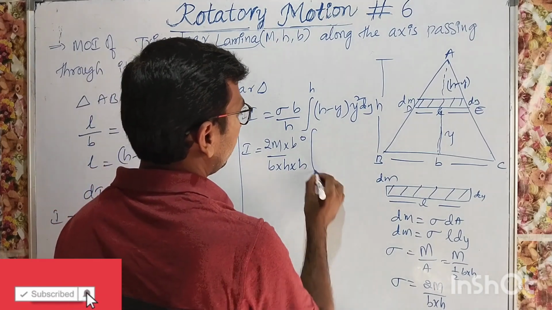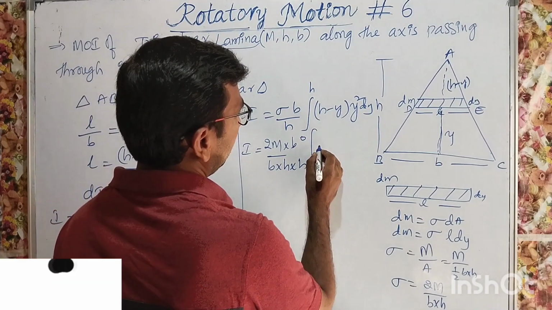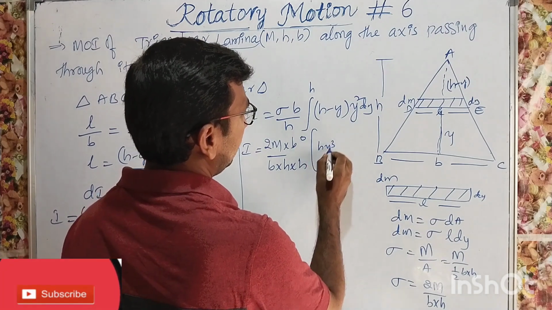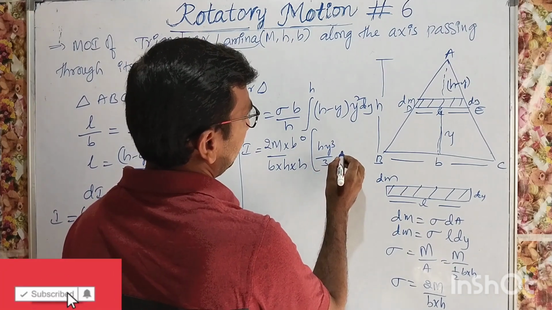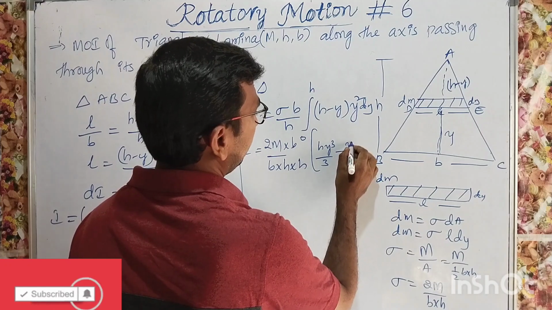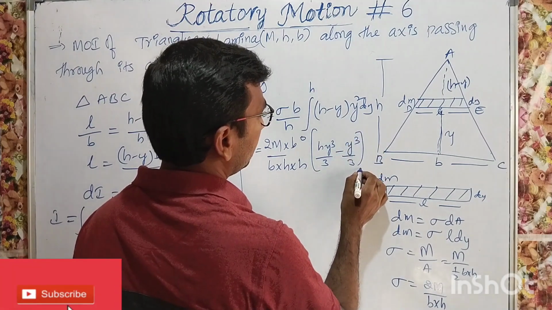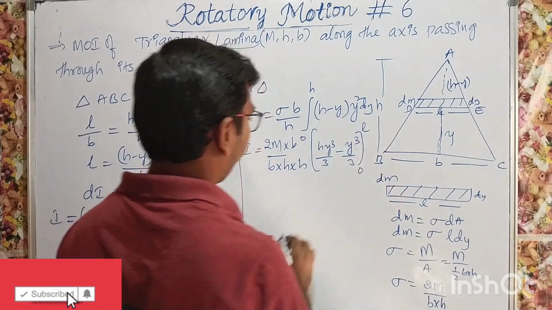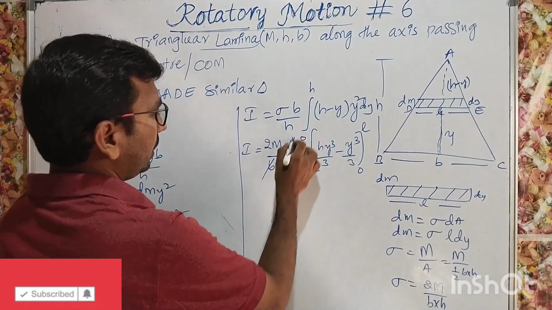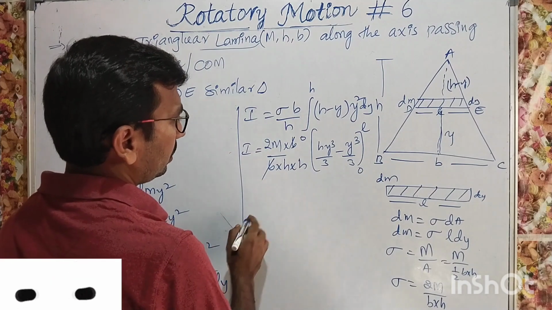Now you can do this integration: h y cube by 3 minus y to the power of 4 by 4, from limits 0 to h. Here the breadth cancels, h into h square.